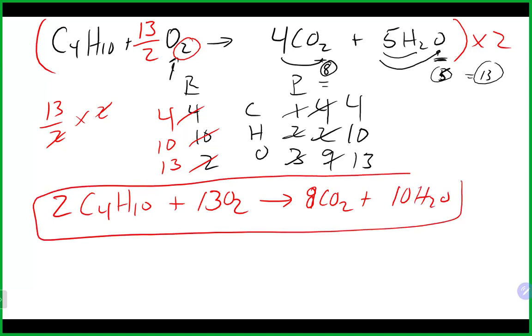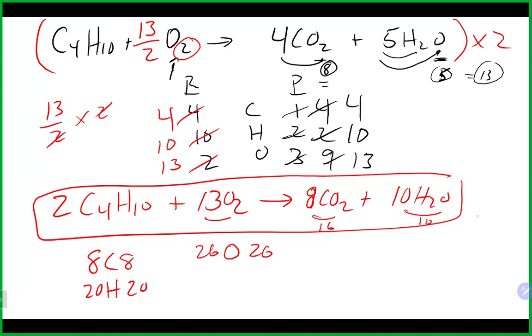And once again, we should still be balanced. I got 8 carbons on the left and 8 on the right. Hydrogen, I got 20 on the left and 20 on the right. Oxygen on the left, I got 13 times 2, which is 26. On the right, I got 16 there and 10 more there, 26. Yes, so it is balanced in this case.